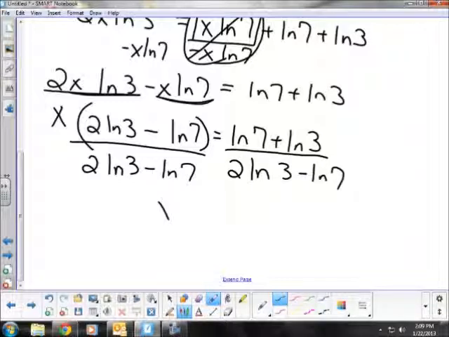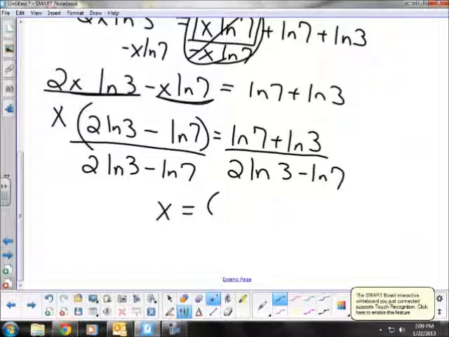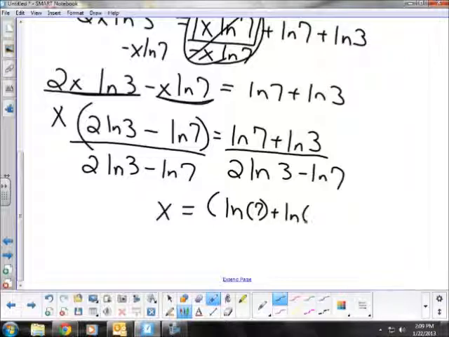The only thing that becomes a problem is you do have to be very careful when you put this in your calculator to make sure that you have the correct answer. So you're going to need a parentheses for the whole top here. So you've got the ln, it's going to give you a parentheses. Close that off. Plus the ln, it'll give you that parentheses. So do your 3 and close that off, and then close off the top. So you got lots of parentheses that you have to use when you type this in.